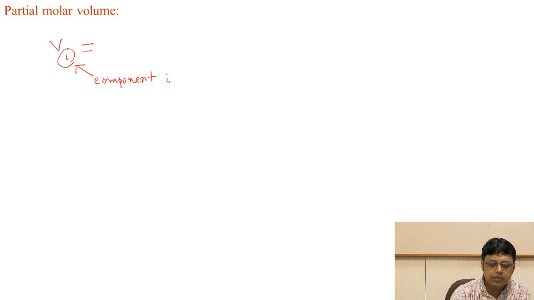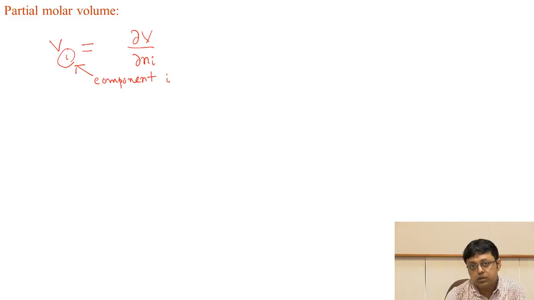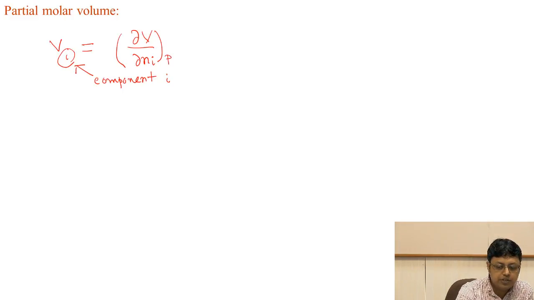For any arbitrary component I, we ask how the volume is changing if we keep adding the component I, or if we change the number of moles of the component I at constant pressure, temperature, and of course all other components, which I denote as Nj, where j is not equal to i.